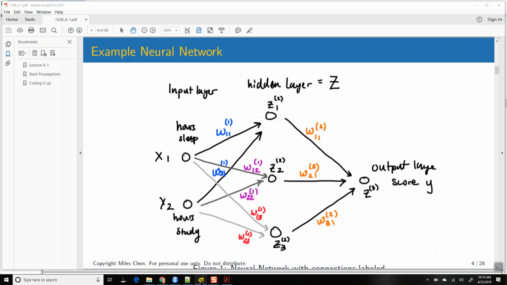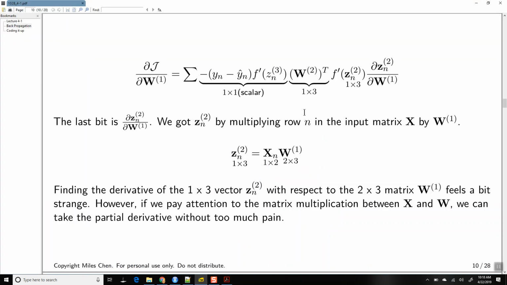So Z is 1 by 3. Our input for one observation is 1 by 2, and we're multiplying it by a 2 by 3 matrix. And so what we're asking for is the partial derivative of Z, which is 1 by 3, with respect to a matrix which is 2 by 3.